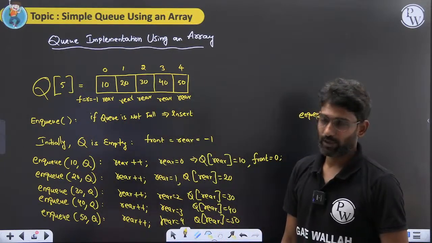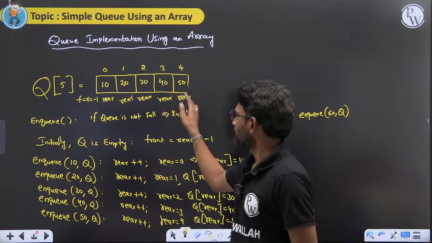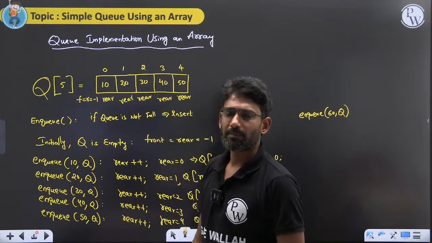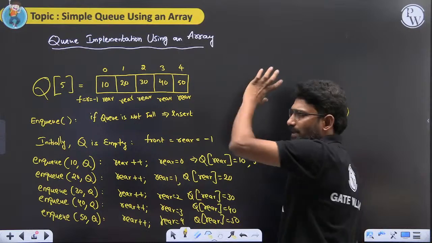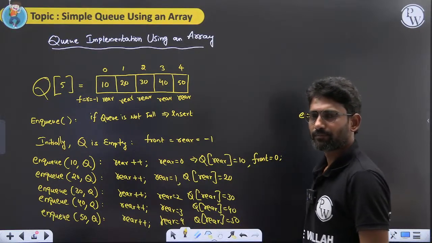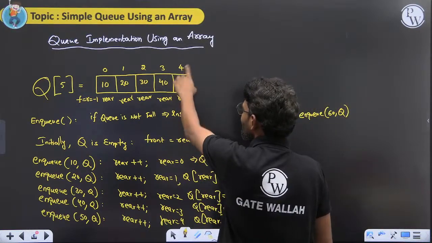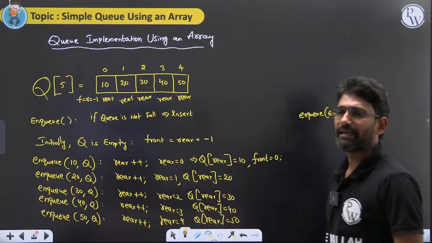No, it should not allow, because the queue is full now. So when can you say the queue is full? When rear reaches the maximum index.